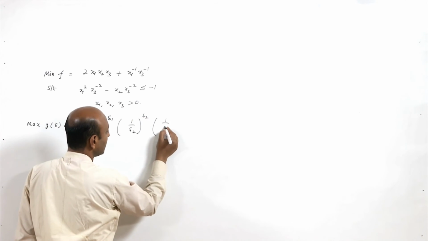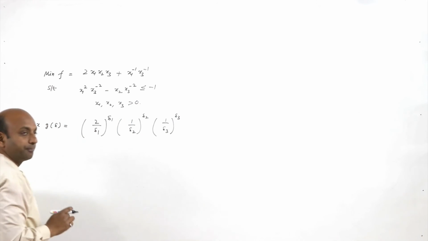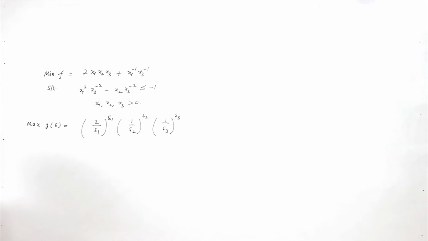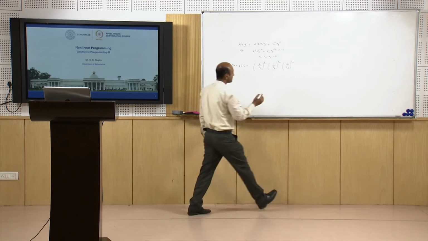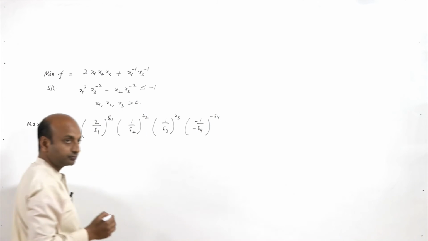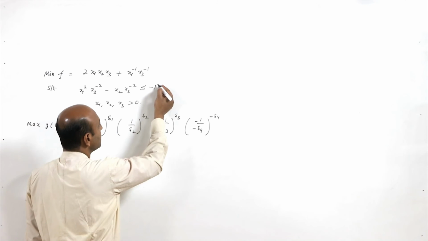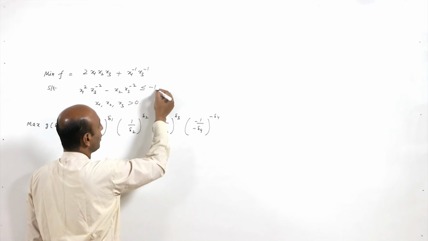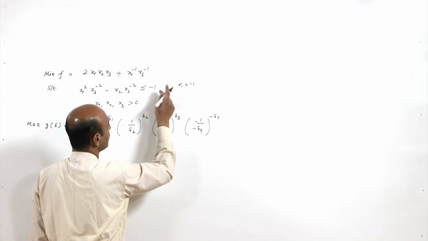So, it is 1 upon delta 3 whole raised to power delta 3. Now, it is minus 1. So, we take minus delta 4 corresponding to this term. Okay. So, it is minus 1 upon minus delta 4 whole raised to power minus delta 4. Now, this is minus 1. So, what we do, we take rho 1 as minus 1, where rho 1 is this term.